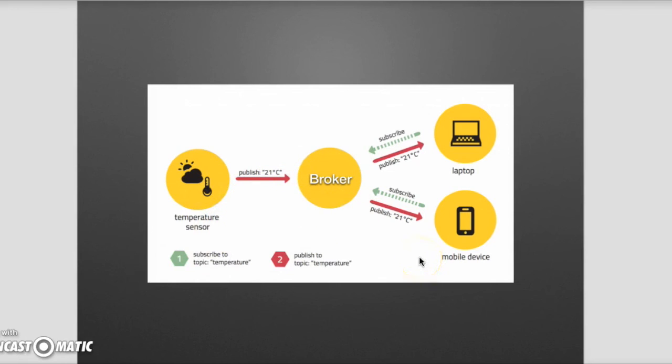So whichever subscribers want to know about the temperature can receive it as a message. Maybe one of the subscribers only wants to know when the temperature goes down to 10 degrees. So whenever any sensor publishes 10 degrees, the broker will send the message to the particular user who wants to know that the temperature is 10 degrees.